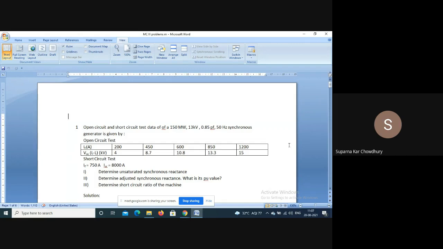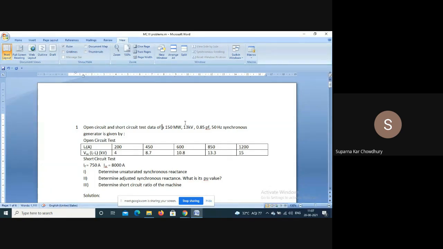Here, the open circuit and short circuit test data of a 150 megawatt, 13 kV, 0.85 power factor, 50 hertz synchronous generator is given.